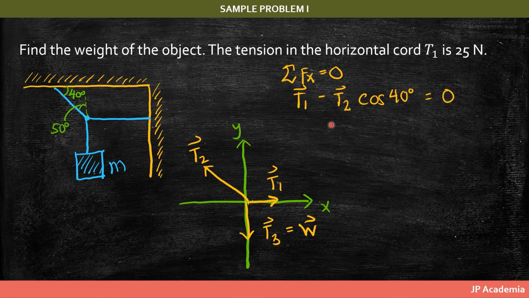And therefore, we have this expression, and this is equal to 0. And this is our first equation. Next, we get the equilibrium condition for the y components. So we have here T2 sine 40 for the y component of T2. Then we have minus W, which is the weight of our object. And therefore, we have this second expression.